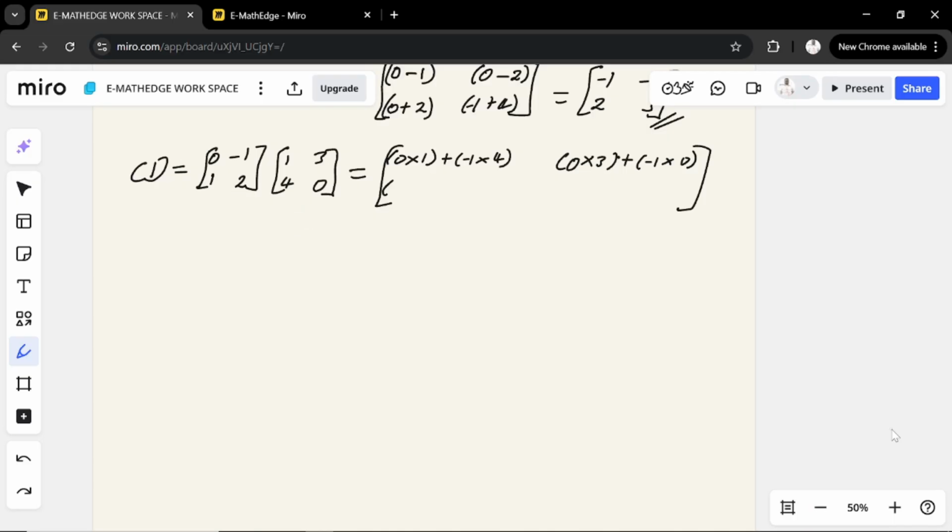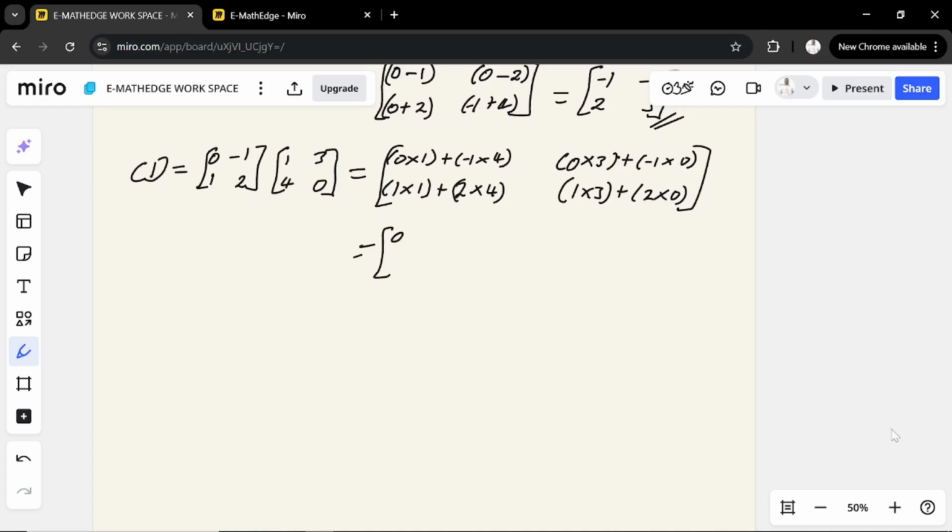So it's going to be 1 multiplying 1 plus 2 multiplying 4. And for the next one, we are going to have second row by second column, and it's going to be 1 multiplied by 3 plus 2 multiplied by 0.